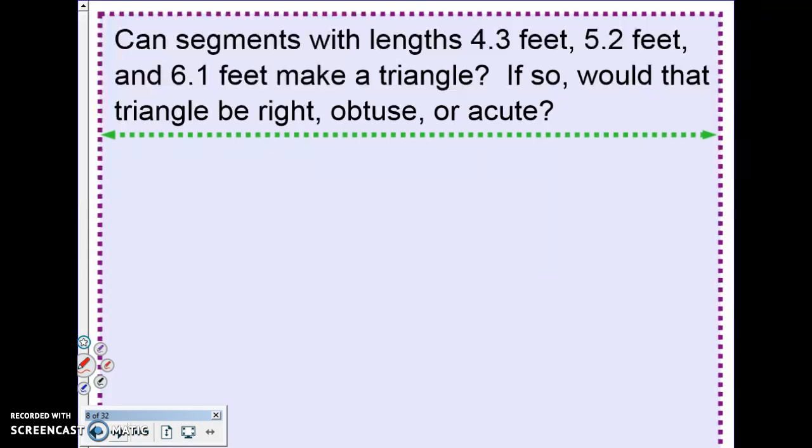Can segments with these lengths make a triangle? And then what kind of triangle is it? So basically, we need to find out if, remember the triangle inequalities? So is that going to be greater than that?